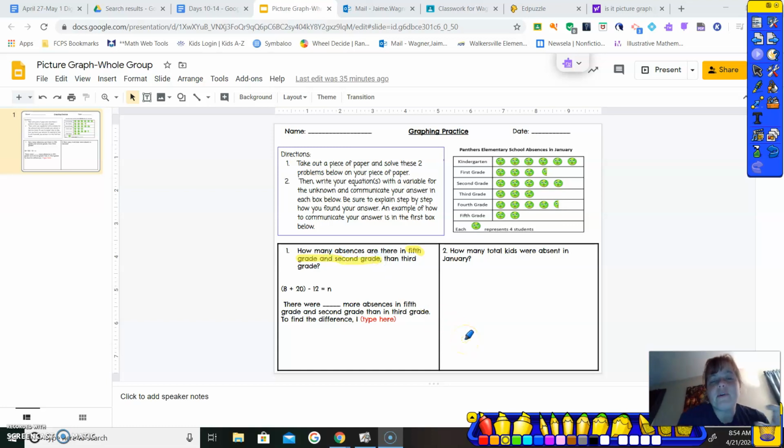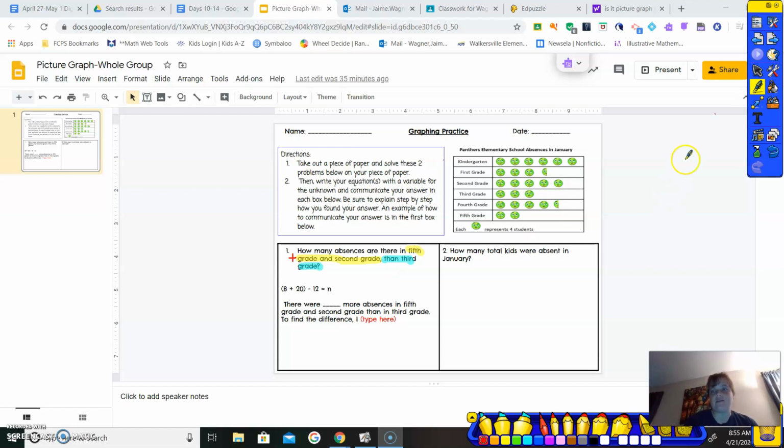So 5th grade, and 2nd grade. We're going to be putting those numbers together. It says then 3rd grade. So I'm going to change my highlighter color. When it says 5th grade and 2nd grade, that's going to be something that I'm going to be adding together. And then it says then 3rd grade.